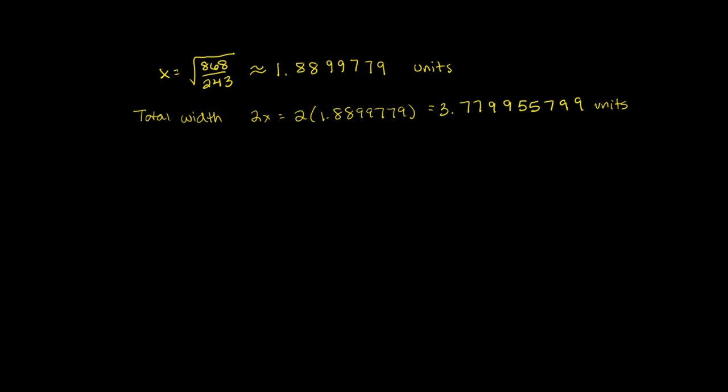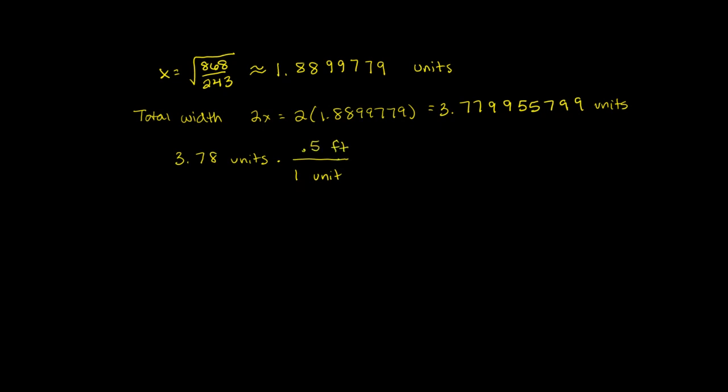And we need to convert this back to feet or inches so that we can actually figure out, well, how wide is it? So we have to do another unit conversion. So let's do 3.78 units. And they told us that 1 unit is half a foot. So I could say 1 unit is 0.5 feet.